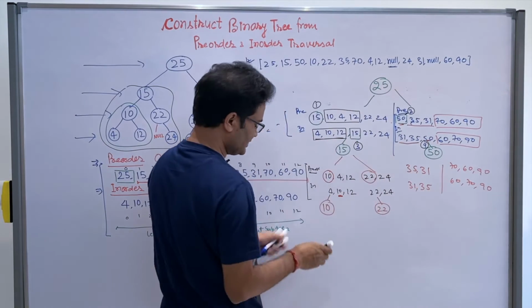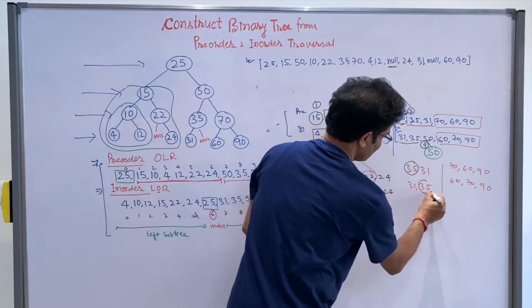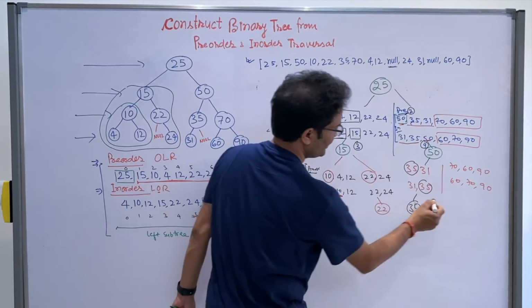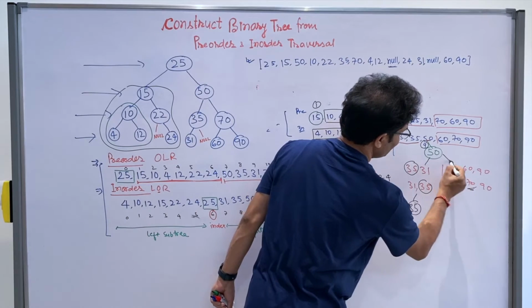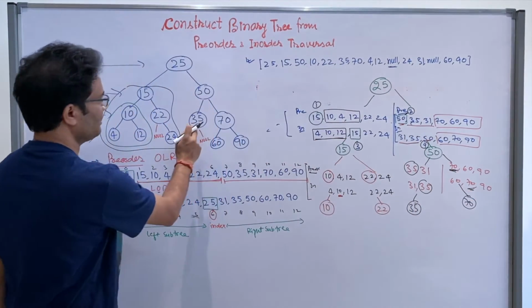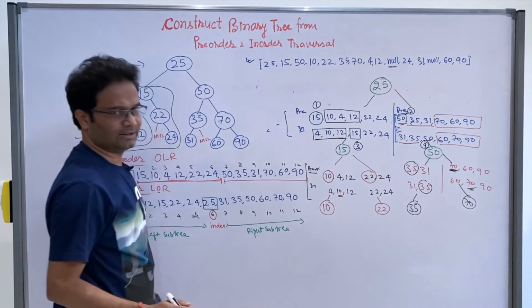Again, what is the first element here? First element is the 35. So 35 is the parent. And here the first element is the 70. So 70 is the parent. You can see here from 50 we have 35 and 70.